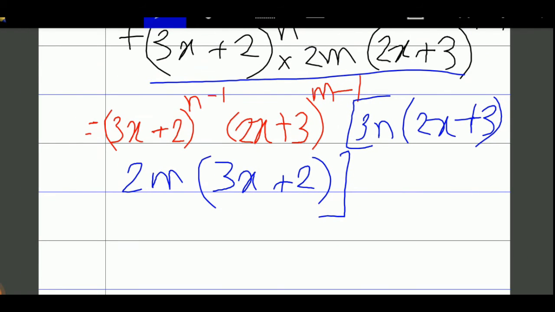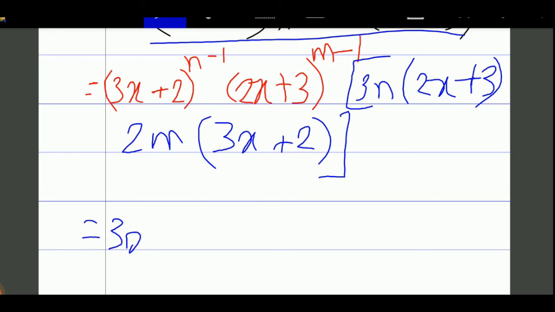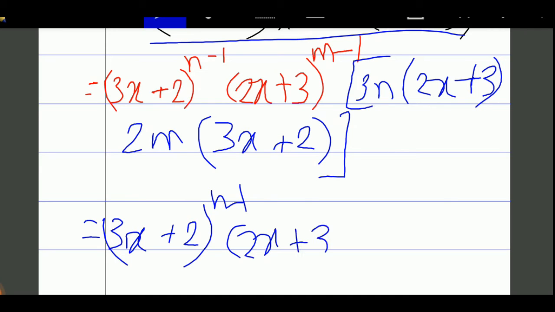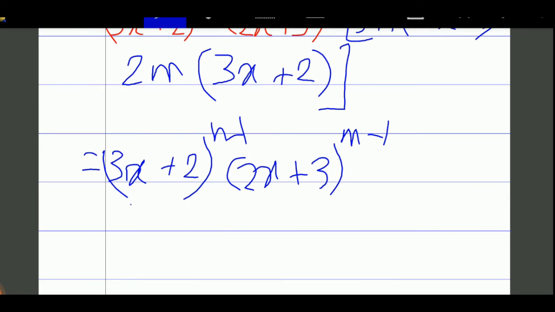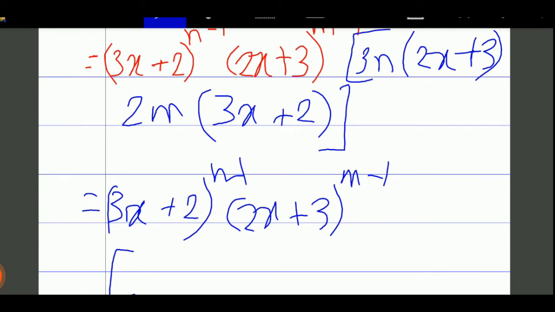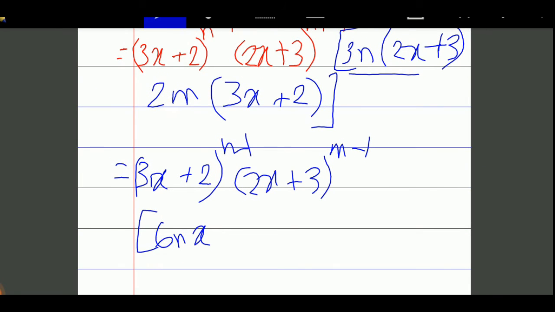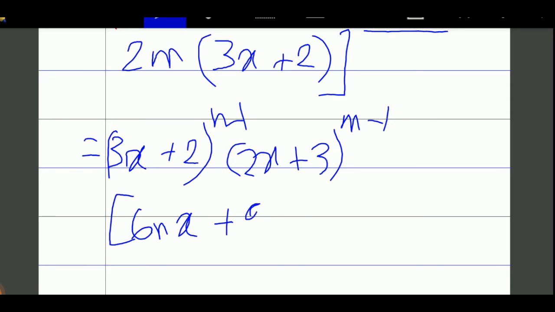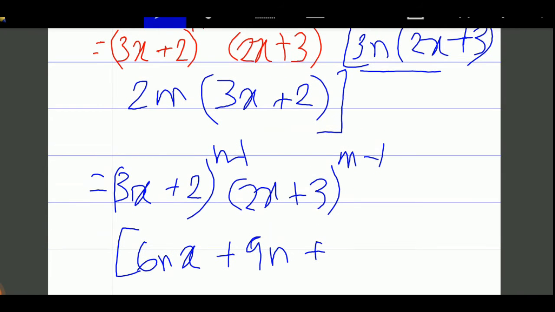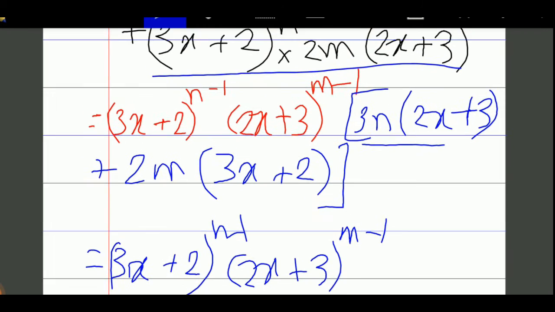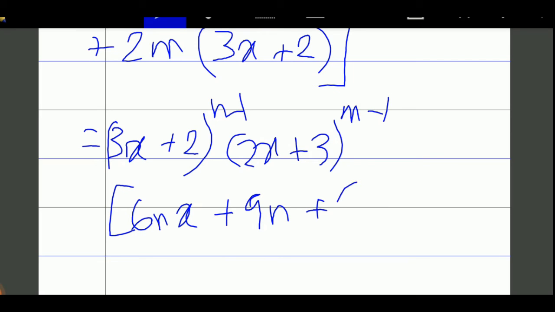Now simplifying further, this becomes (3x + 2)^(n-1) into (2x + 3)^(m-1) into, if we multiply this one, 3n into 2x, that is 6nx, plus 9n, then 2m into 3x, that becomes plus 6mx, plus 4m.